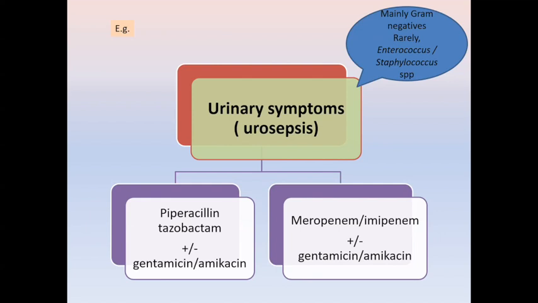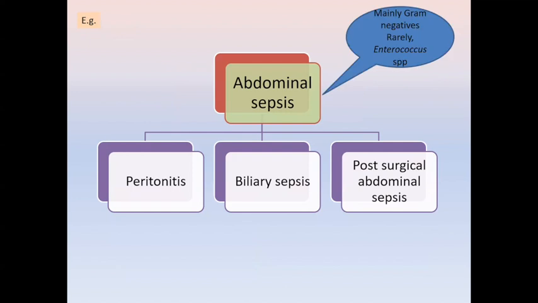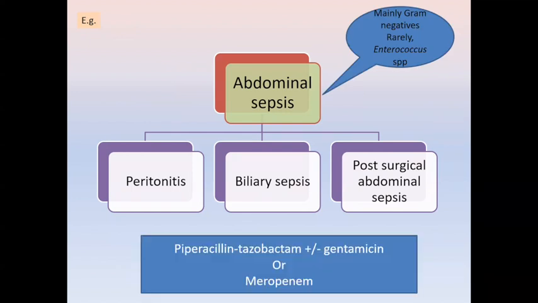If the patient comes with abdominal sepsis, I have taken very few instances, peritonitis due to ruptured appendix or anything, biliary sepsis or post-surgical abdominal sepsis. Here again, the most common pathogens are gram-negatives, rarely enterococcus, so we can treat with piperacillin tazobactam plus or minus gentamicin.